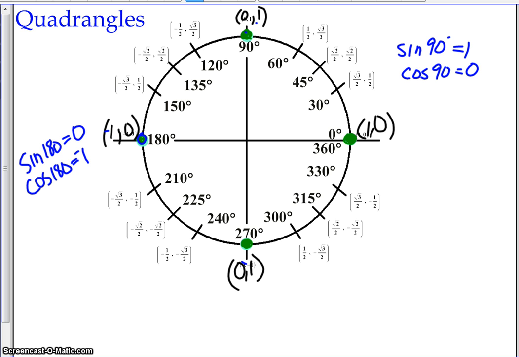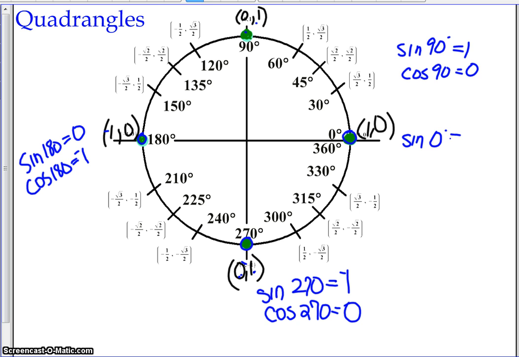So here, down here at 270, sine of 270 degrees is -1. Cosine of 270 degrees is 0. So it was 0, -1. X, Y, cosine, sine. Here at 0 degrees, right here, we have that the sine of 0 degrees, also 360 degrees, is 0. The cosine of 0 degrees, also 360 degrees, is 1. All right, so we had cosine, sine here.